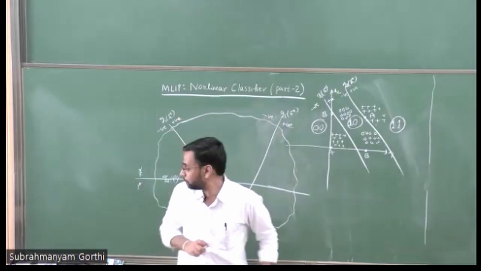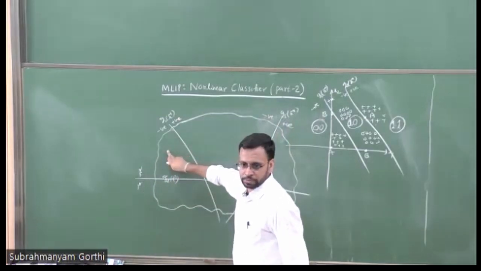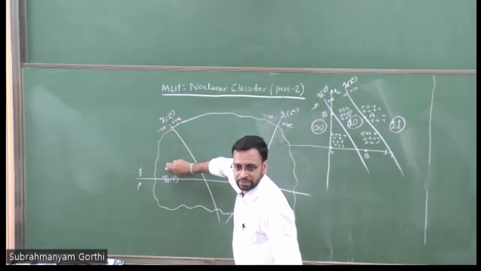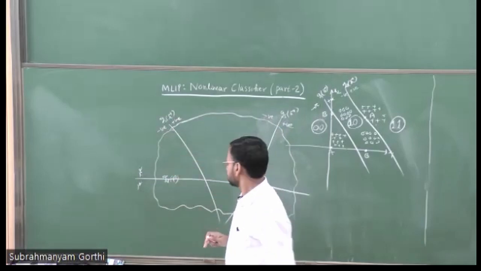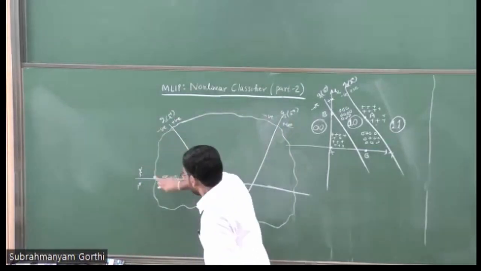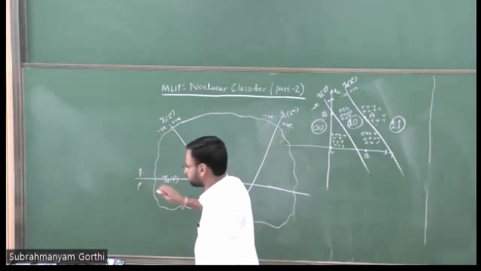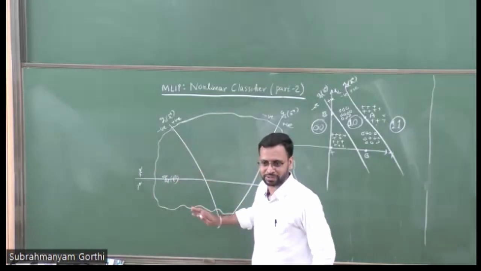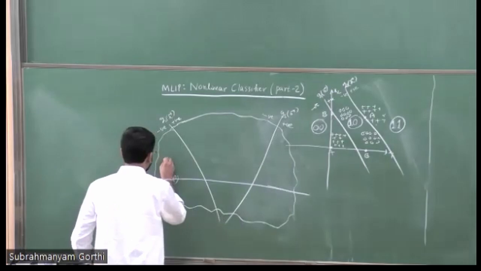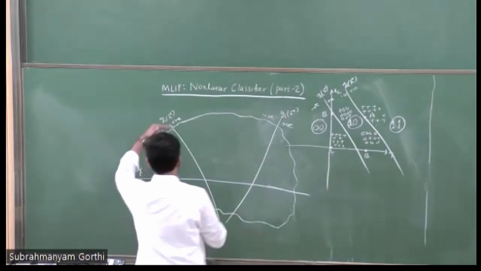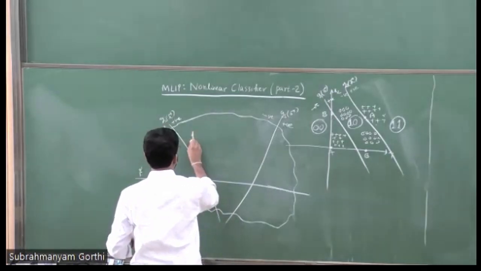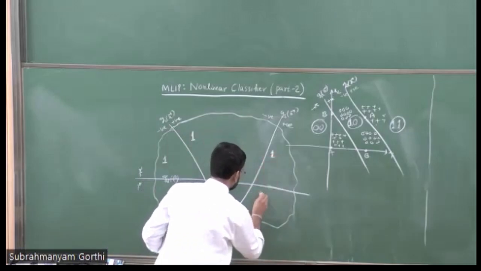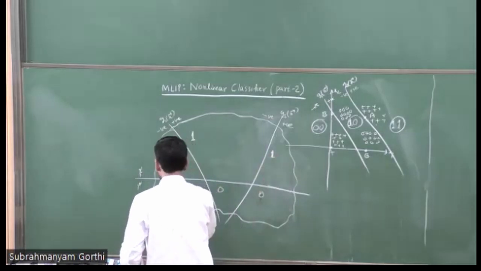Can you now tell me what would be the outputs, for this region, which vertex will represent it? Can you tell me that? For G1 of x, it is 1, right? The easy thing is, let us keep the first one first. G1 of x, wherever it is positive, this is positive. Anything above is positive. So this is positive, this is positive, this is negative, below this negative, negative.